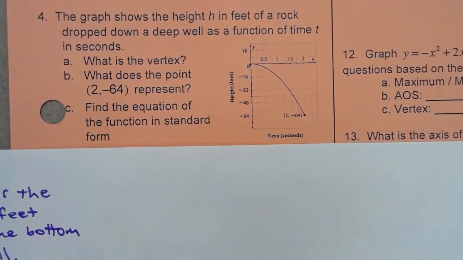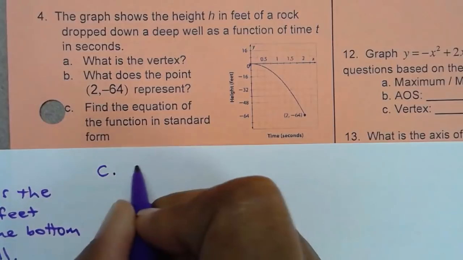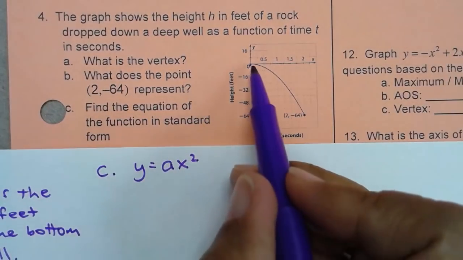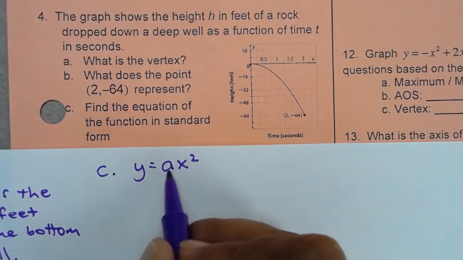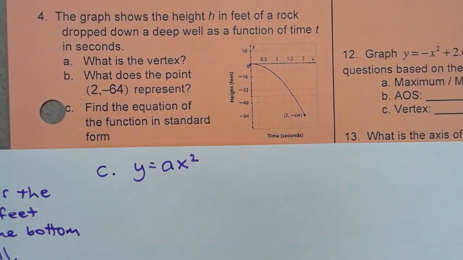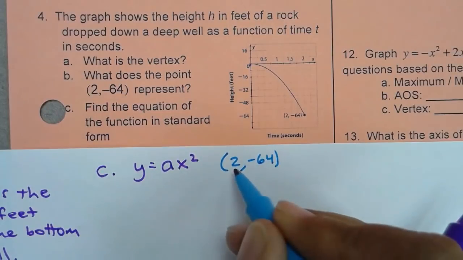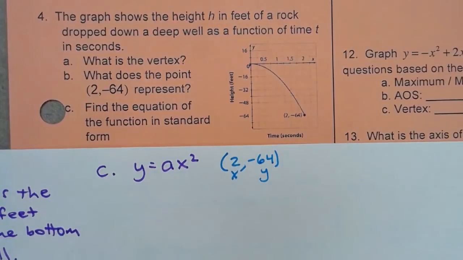Well, to find the equation of the graph, and if the vertex is at 0, 0, the standard form is y equals ax squared because the vertex is at 0, 0. So the only thing to complete this equation is to solve for a. So we have a coordinate. They actually gave us coordinate 2, negative 64. This will give us the x value and the y value that we can plug into this equation so we can solve for what this a value will be.